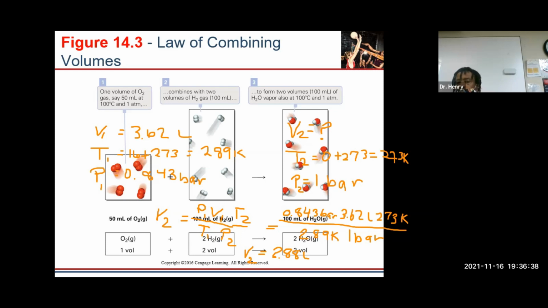So 1 volume of oxygen is going to be 2 volumes of hydrogen gas, and that's going to yield 2 volumes of water. So in other words, the number of moles is going to be directly proportional to the volume.